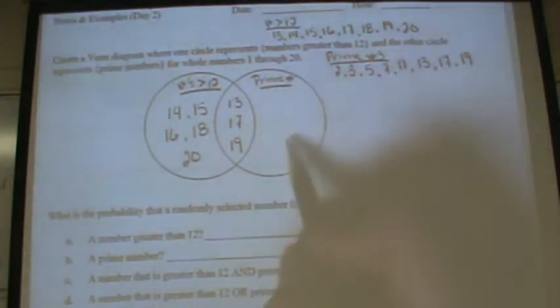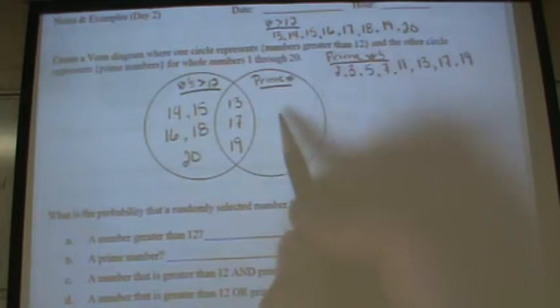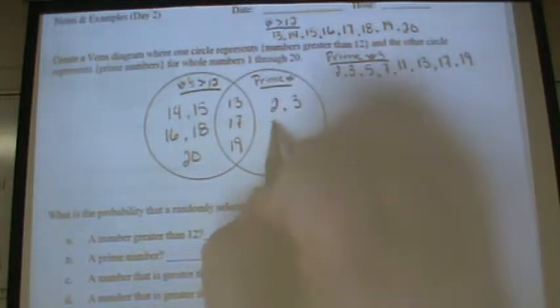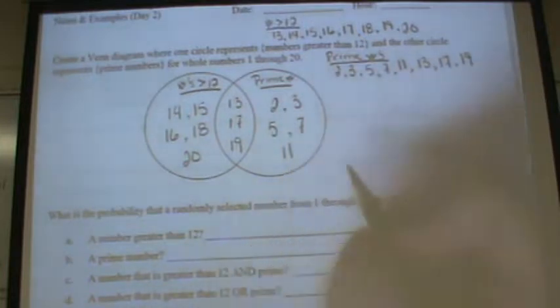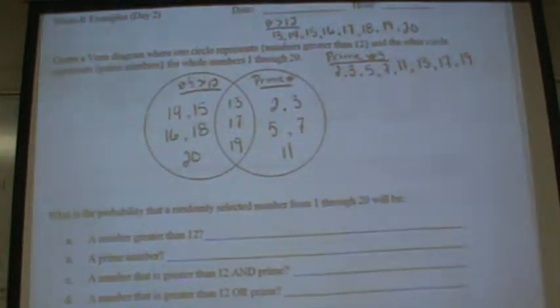And the rest of our prime numbers go in this circle: 2, 3, 5, 7, and 11. So that's how we would fill out the Venn diagram.